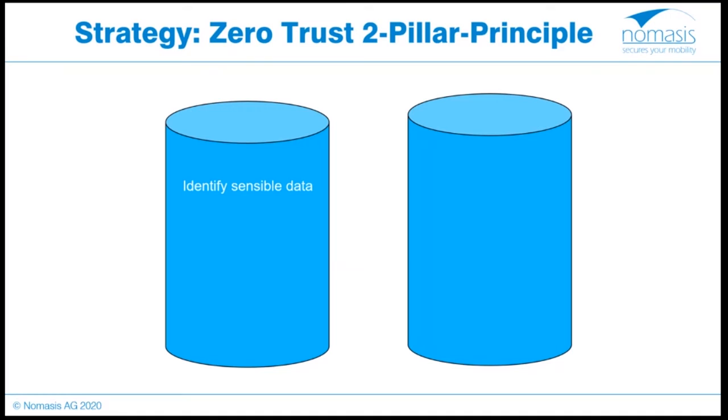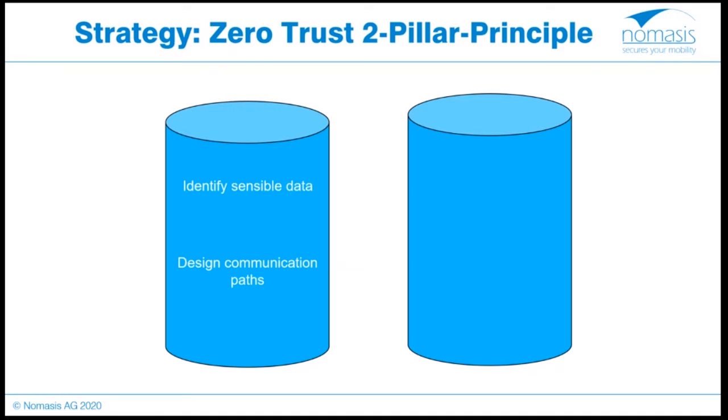This is, of course, a lot of work in the beginning, but it will help you in the end to define how to access the data, and moreover, where to store the sensitive data. Then second, once we have done the data classification and we know where the data should reside, we will design the communication paths to the data.